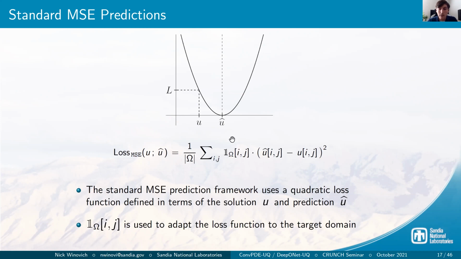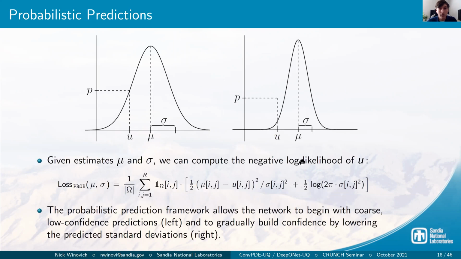In contrast to this, I wanted to follow the Gaussian process regression framework a little bit and see if this may work. What I came up with was the idea that we can think of these as independent normal distributions for each of those point-wise predictions, and take the negative log likelihood as the loss.